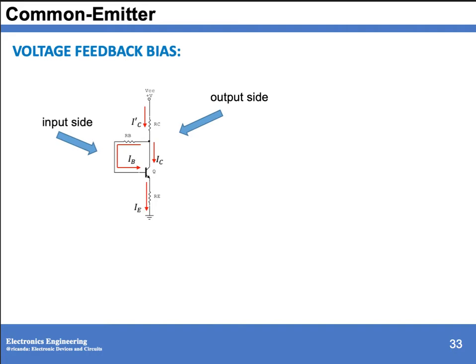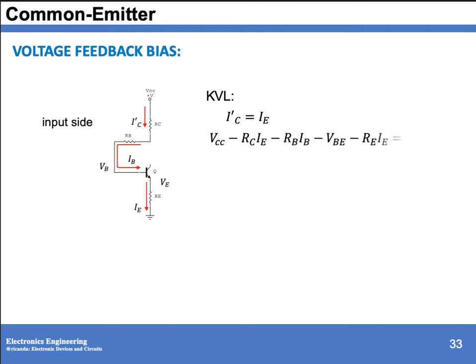By the way, we have to solve first the input side. So at the input side, first we have your voltage at the base with respect to ground and voltage at the emitter with respect to ground. Applying KVL, remember that your IC prime is equal to IE, so therefore we have VCC minus RC IE.